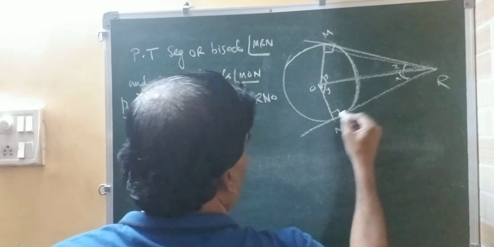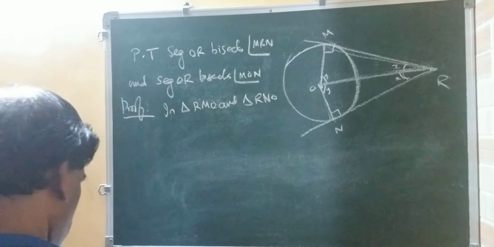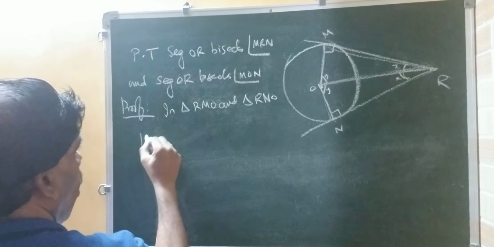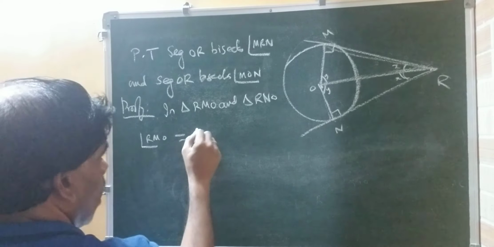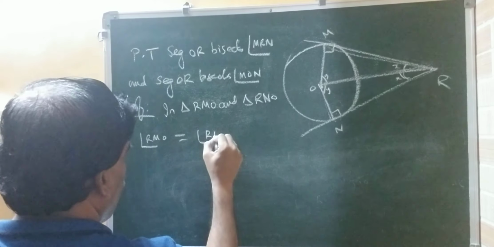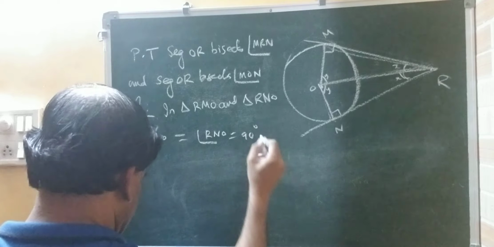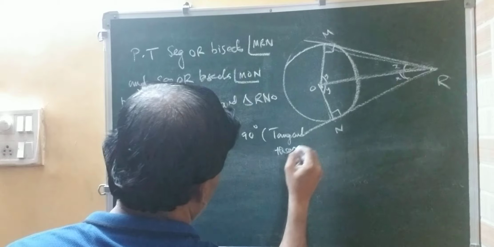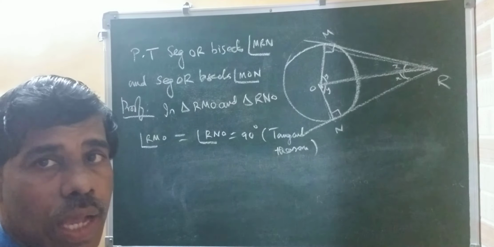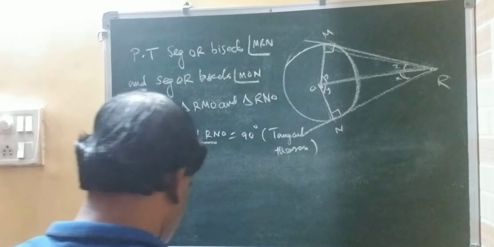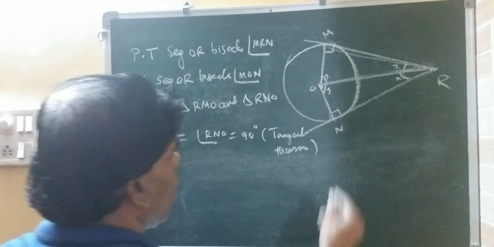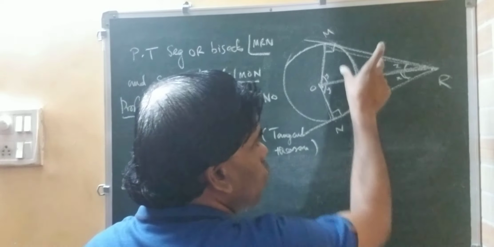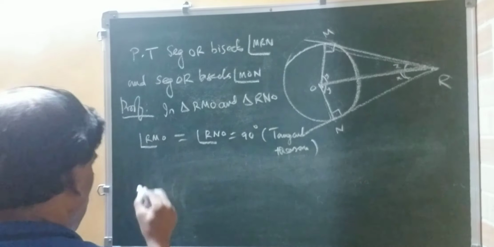So angle RMO equal to angle RNO. Why? Because both are 90 degree. Which theorem? Tangent theorem. Now what about this side OR? OR is in this triangle also, in this triangle also. Therefore, that is hypotenuse.